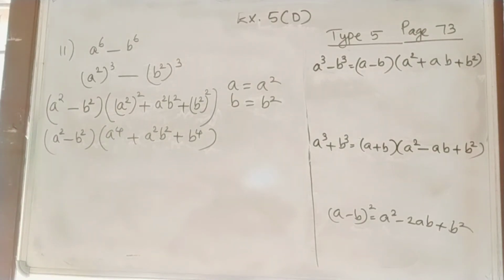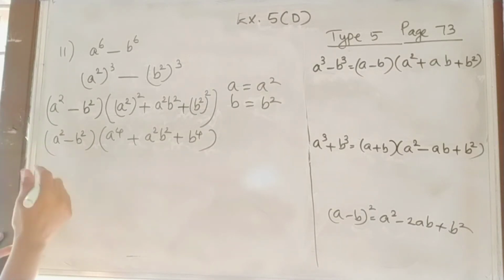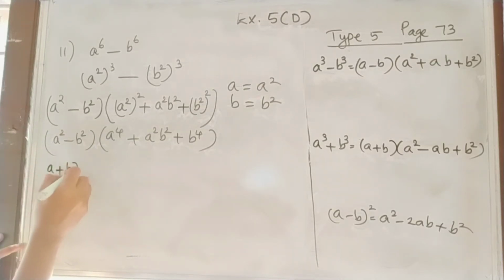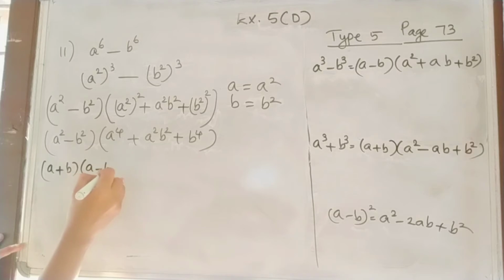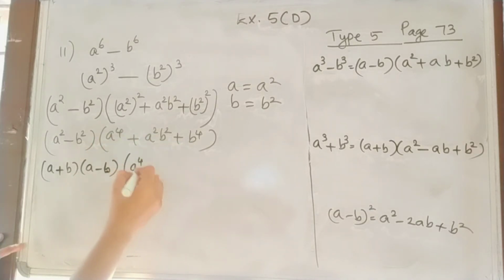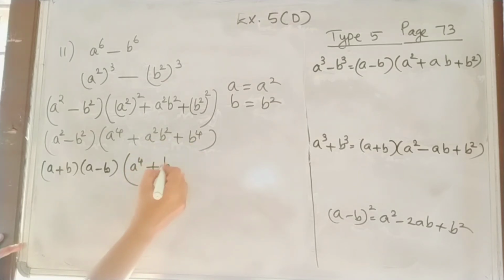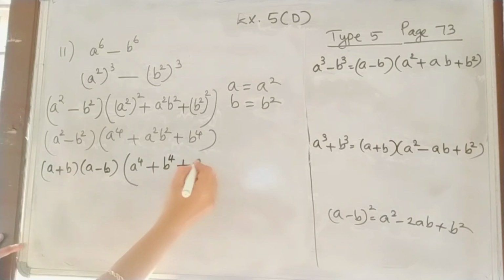Again, can we split this or not? Then a square minus b square is what? A plus b into a minus b. Same way this still a raised to 4 plus a square b square plus b raised to 4, we can write it as, just rearrange. Instead of a raised to 4, a square b square, write first b raised to 4 plus a square b square.